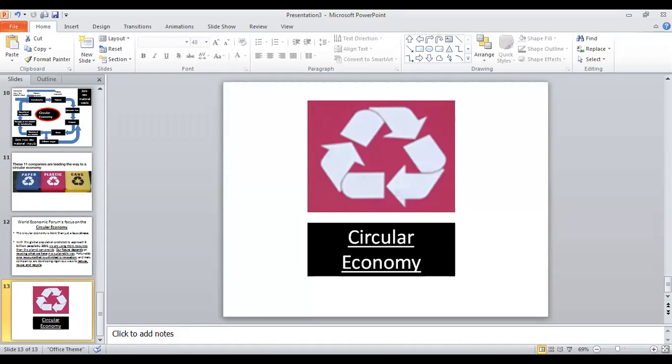And in that World Economic Forum article, there is a graphic. I don't know what that graphic is, but I feel you should copy this for your notes.